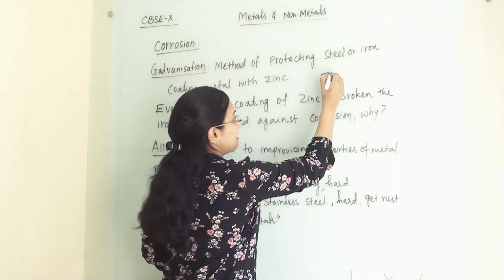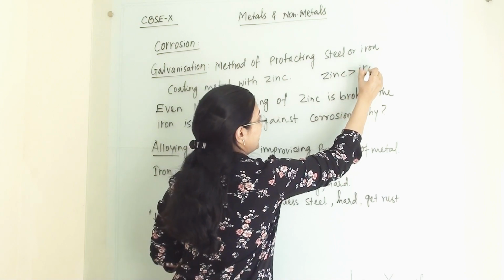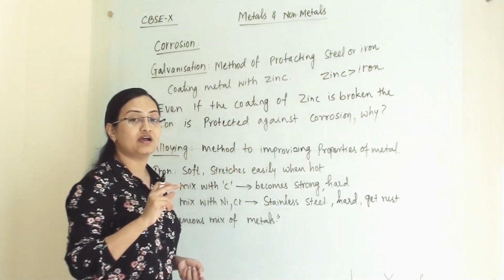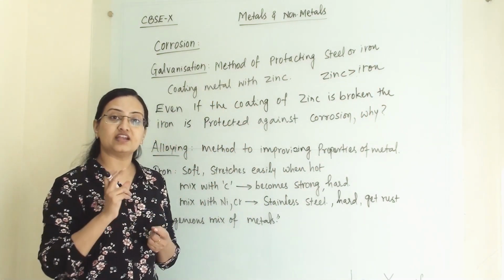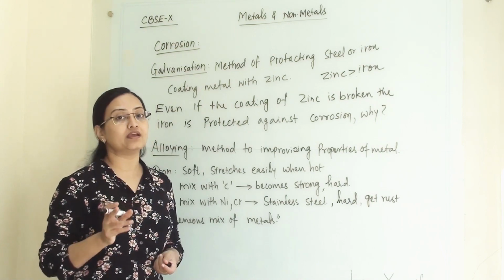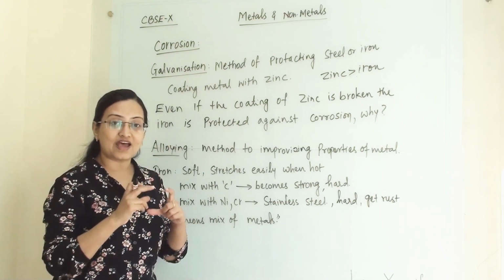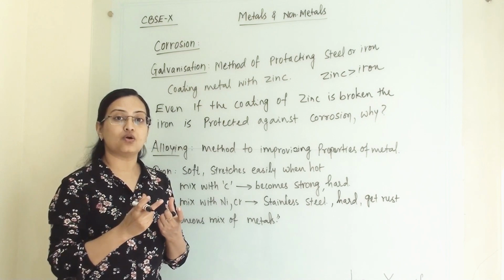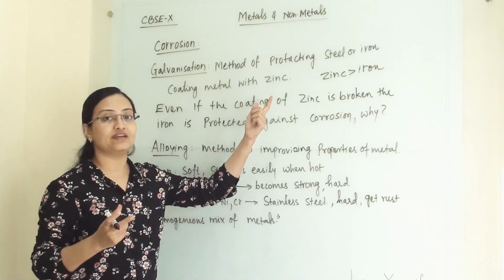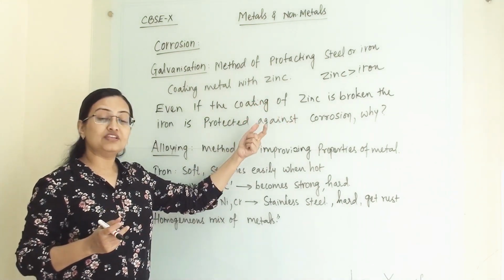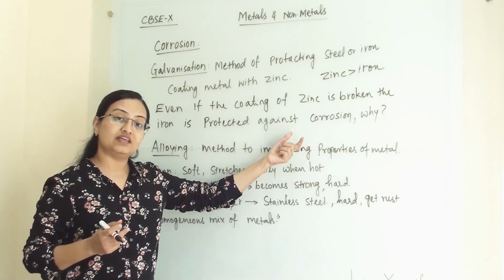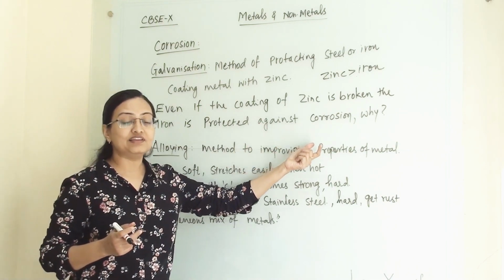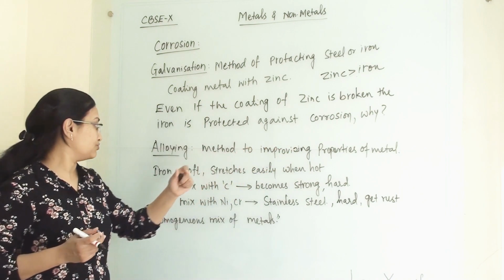Zinc is more reactive compared to iron. So whenever we coat zinc on iron, zinc reacts with atmospheric oxygen and makes zinc oxide. That thin layer of zinc oxide further prevents iron from corrosion. So even if the coating of zinc is broken, the article still gets protection from corrosion.